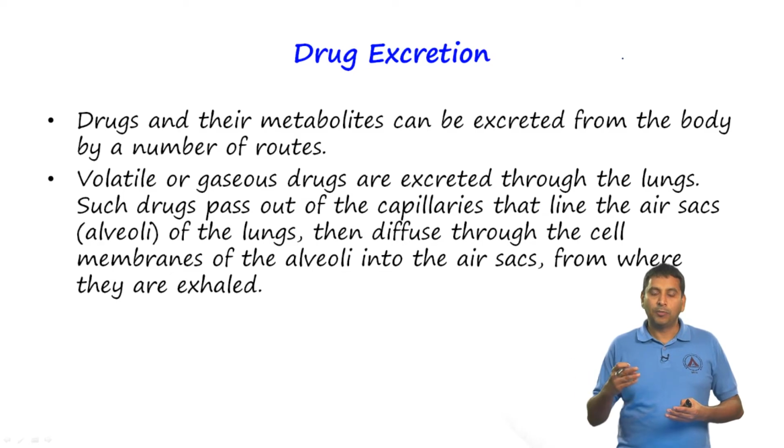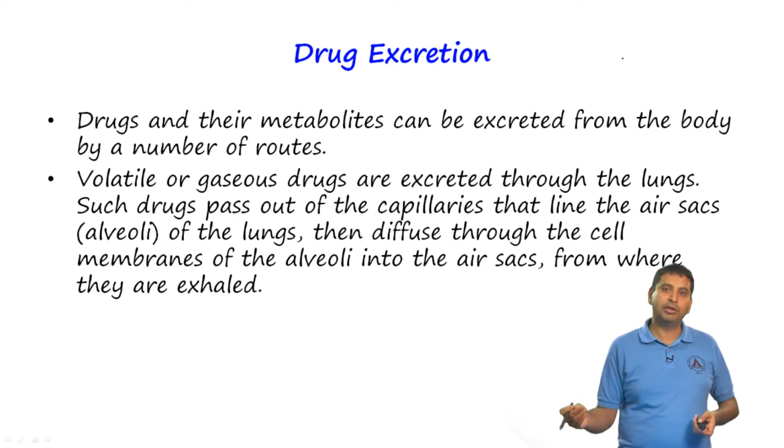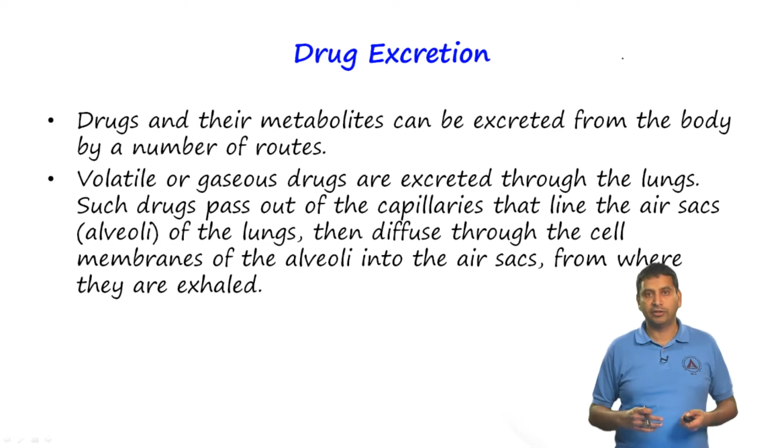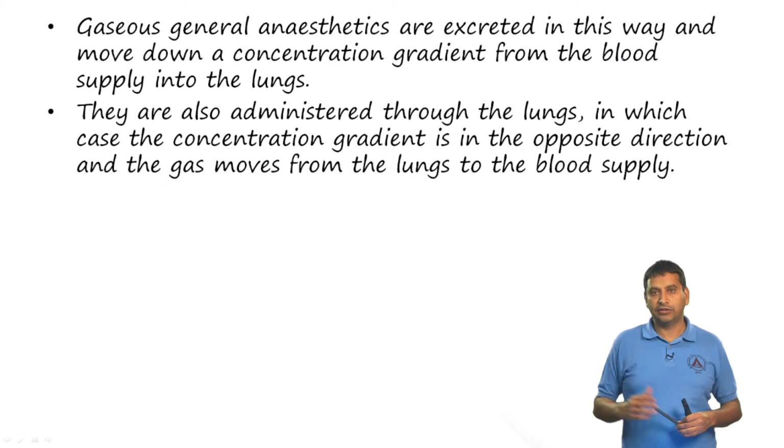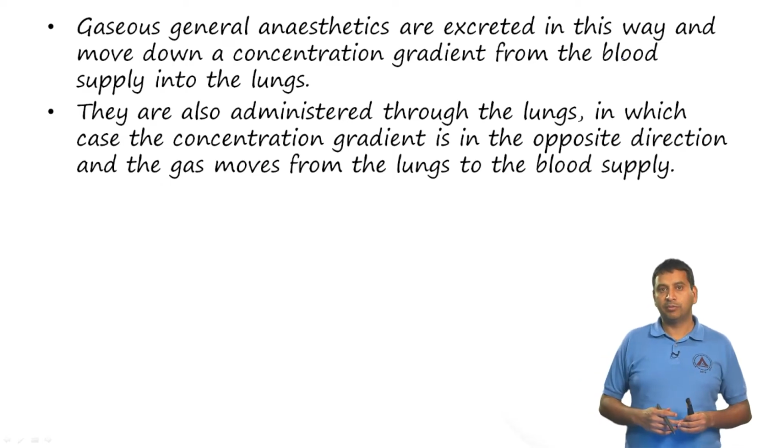Now, let us say you administer a gaseous drug, and then there is a high level of the drug in the lungs, which then gets into the blood supply, and the reverse can happen wherein they diffuse through the cell membrane back into the air sacs from which they are exhaled. Generally speaking, gaseous general anaesthetics are excreted in this way, and there is a concentration gradient from the blood supply to the lungs.